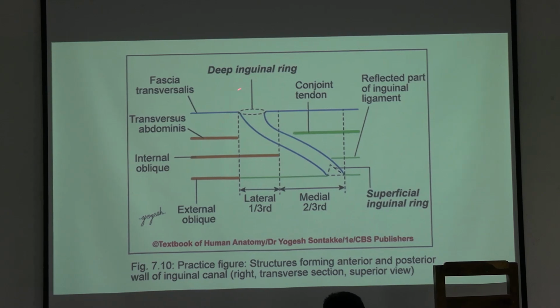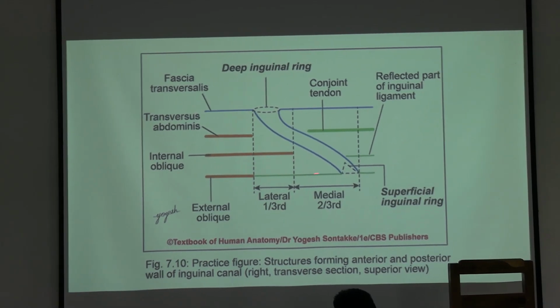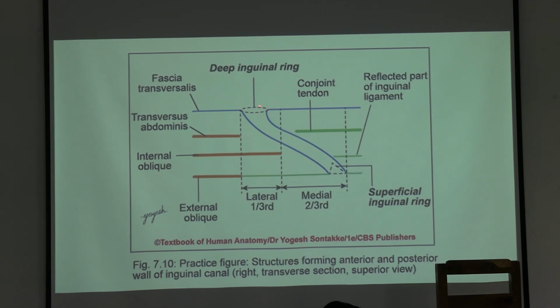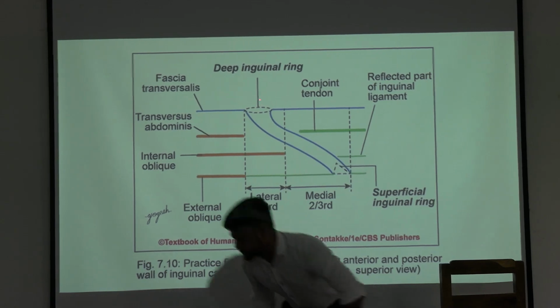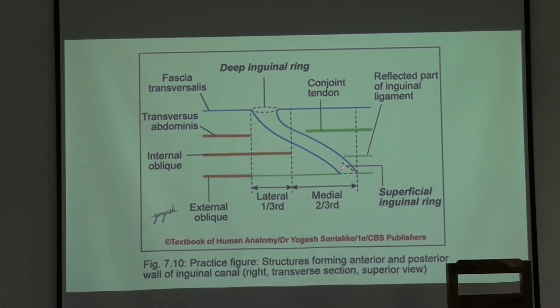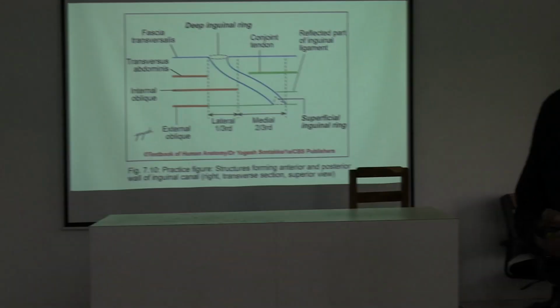Within the fascia transversalis, we can see one opening, and within the external oblique aponeurosis, we are getting another opening, a triangular opening, and this is a circular opening. So this is the pathway which connects the deep ring and the superficial ring. This is nothing but the inguinal canal.